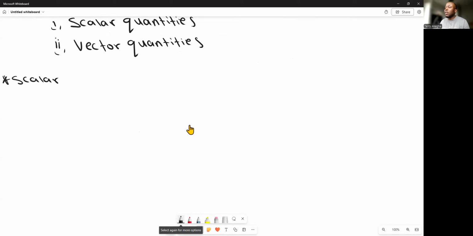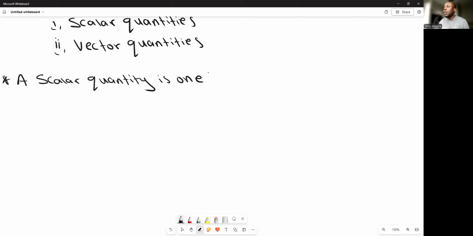So a scalar quantity is one that is defined completely by a single number.